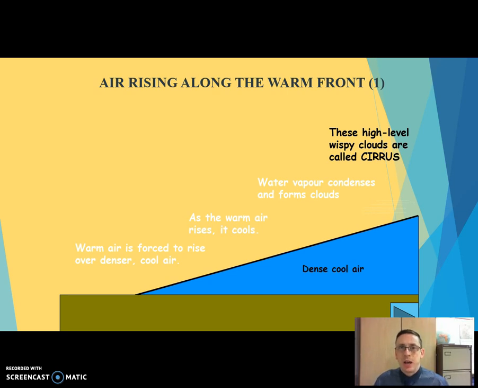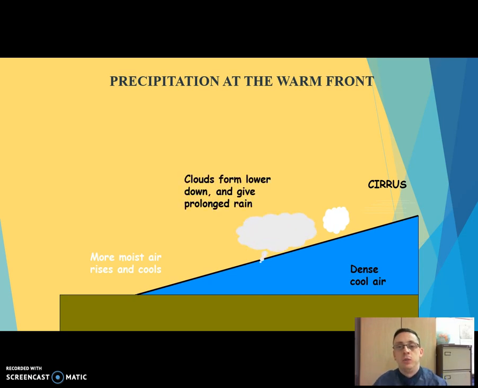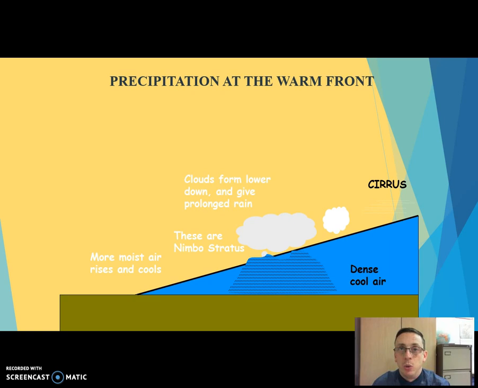What else is happening here? If we think about precipitation, our air is still moving up, it rises, it cools. We've got our cirrus clouds, but clouds that are a bit lower form slightly differently, and we start to get cumulus and nimbostratus clouds. What is important to note about these clouds is that they give steady, prolonged rain.